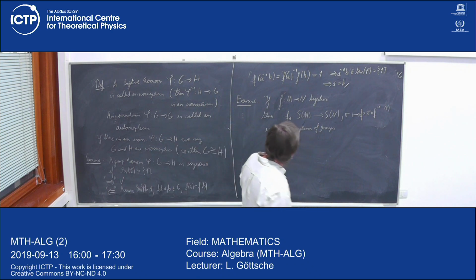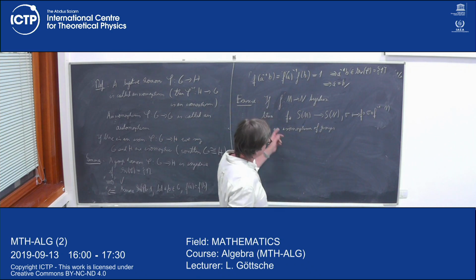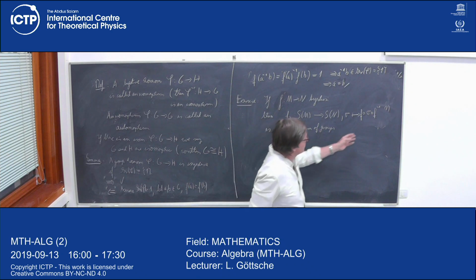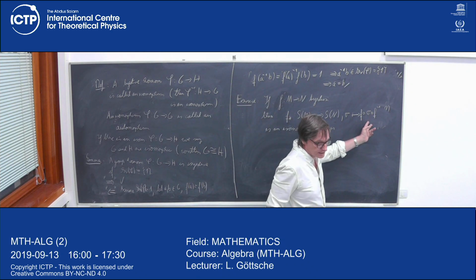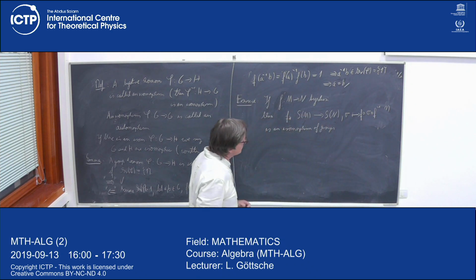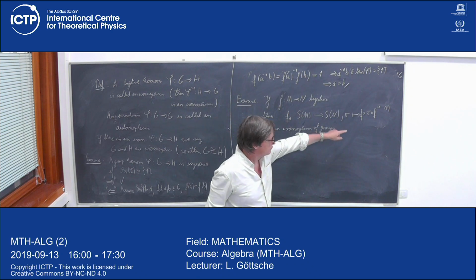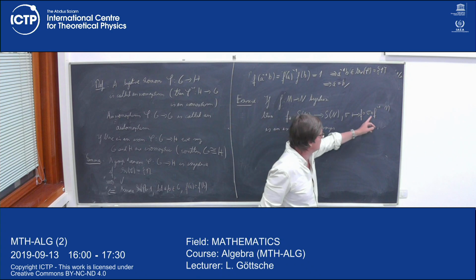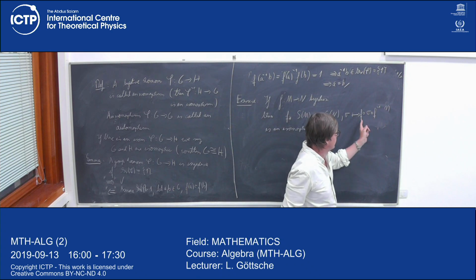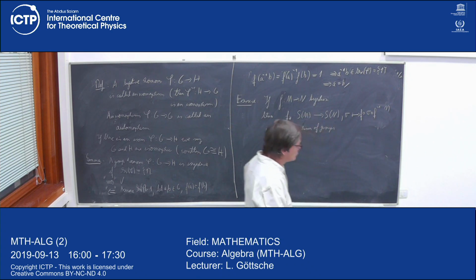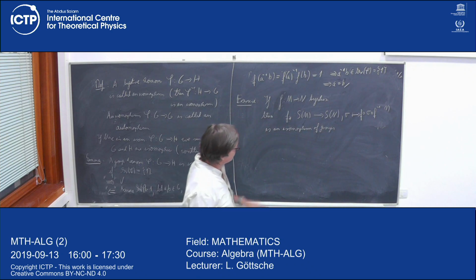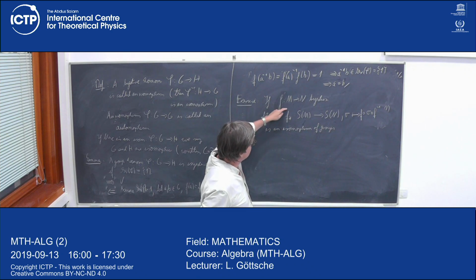Now, obviously, it has an inverse. You have to see that this is compatible with multiplication. This is quite clear, because the multiplication is composition, and if you compose them, then you have f to the minus 1, you have an f here, and f to the minus 1 cancels out, you just compose them. And the inverse of this map is obviously we take f to the minus 1.